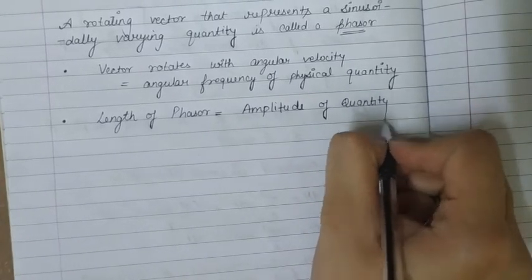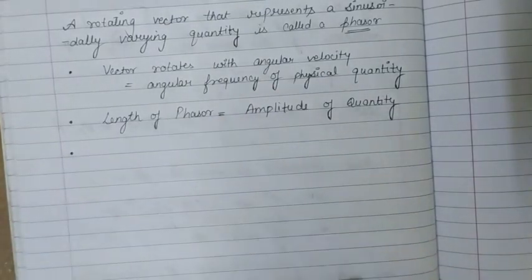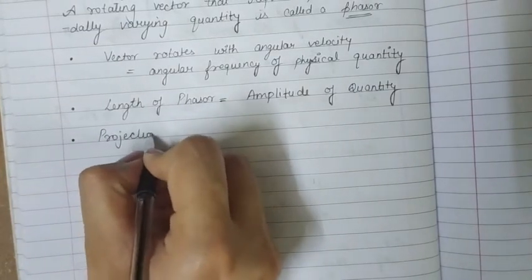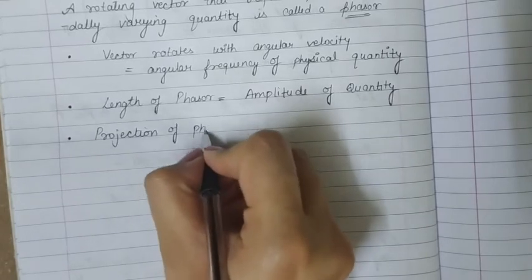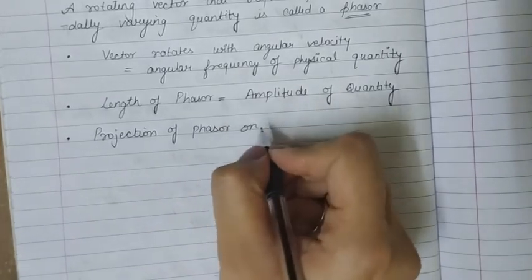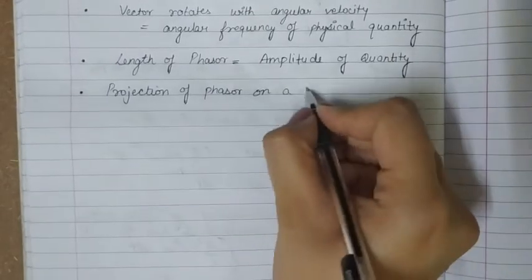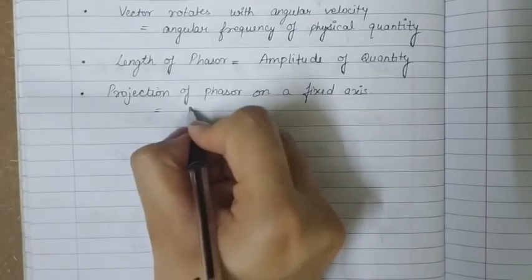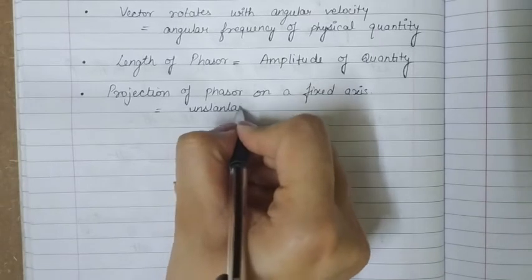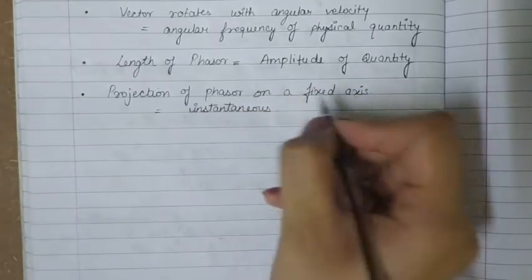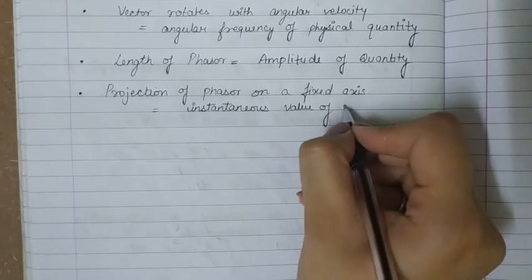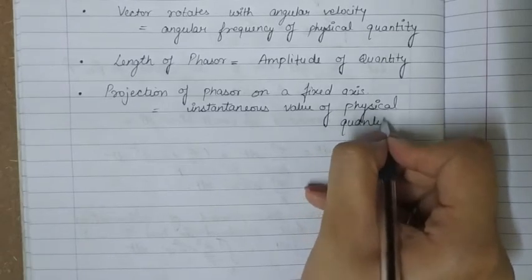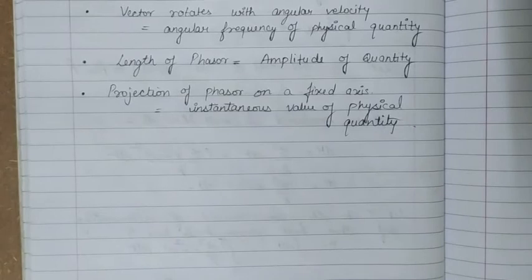Third thing, the projection of that phasor on a fixed axis will give us the instantaneous value of that physical quantity. So this rotating vector is called a phasor.